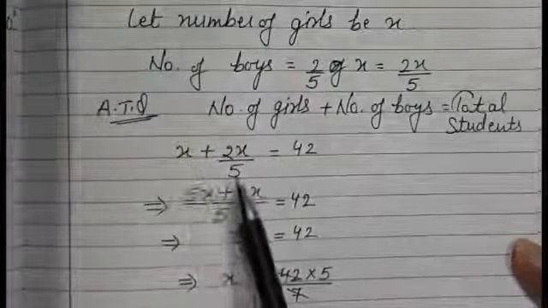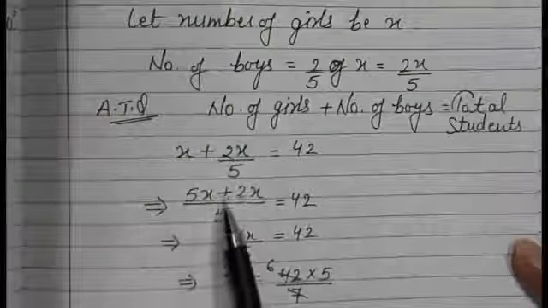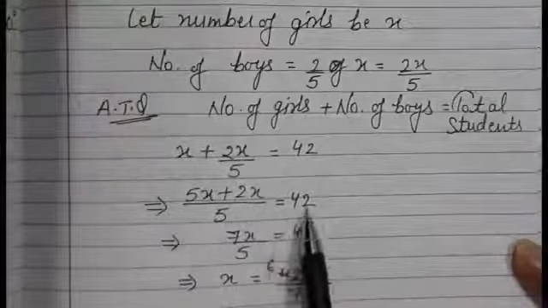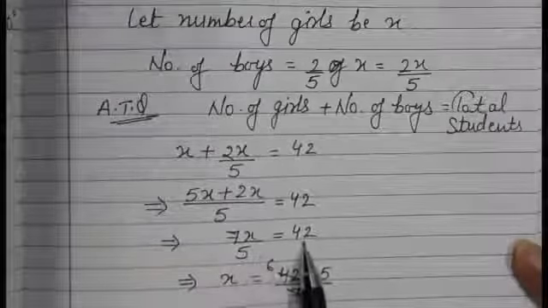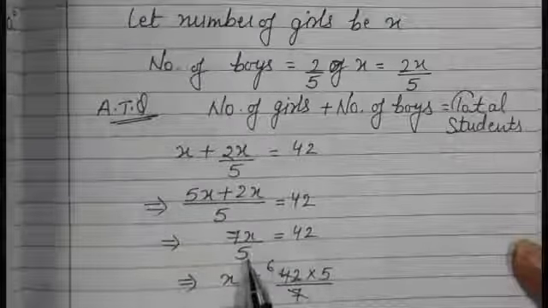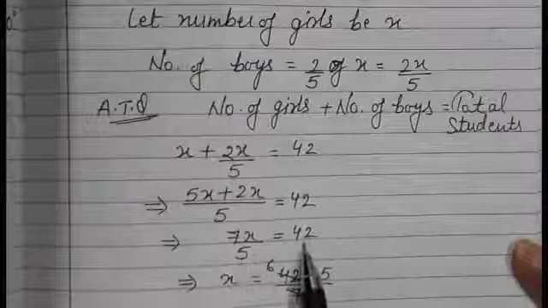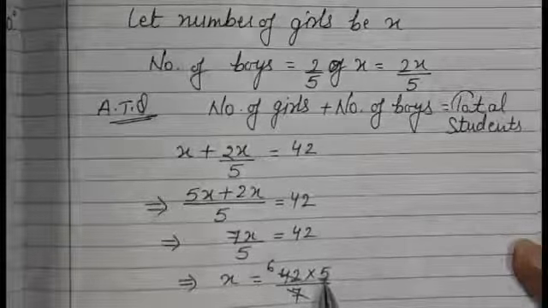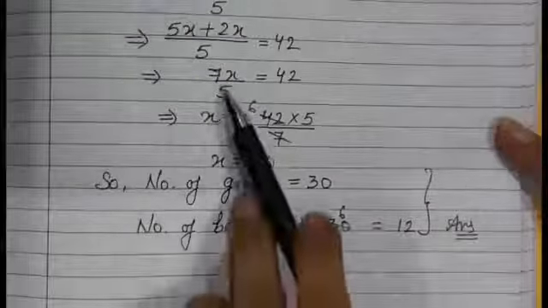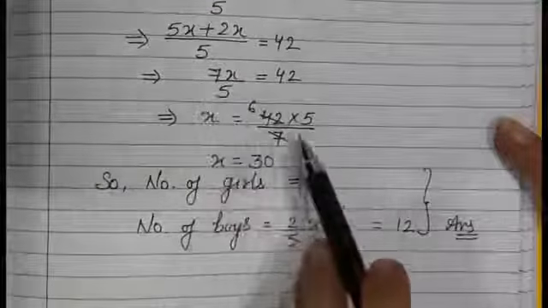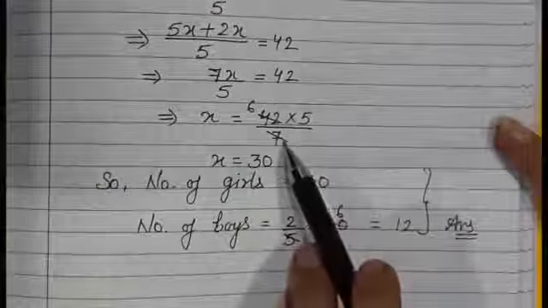Take LCM and solve. 5x plus 2x by 5 is equal to 42. 5x plus 2x will be 7x by 5 is equal to 42. When we transpose 5 from left hand side to right hand side, we have to multiply, right? And when we transpose 7 from left hand side to right hand side, we have to divide.